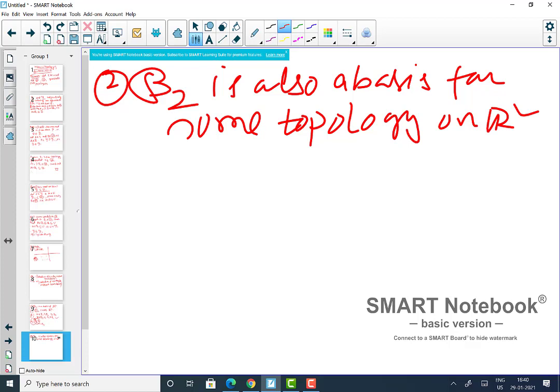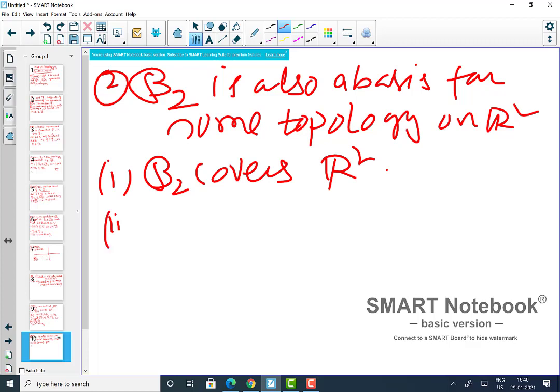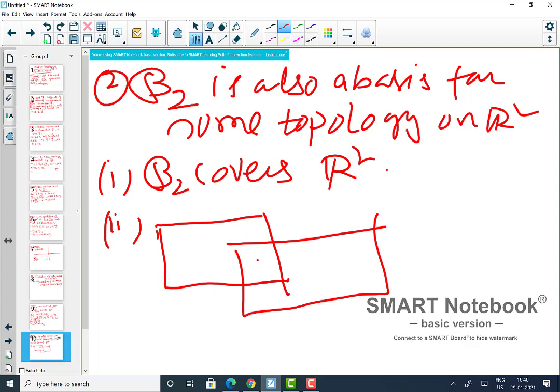Why? Same thing. First of all, obviously B2 also covers R2, and obviously the second condition is also true. Pictorially, whenever you have a point in the intersection of two basis elements B1 and B2, you can always find a small rectangle containing the point that is also a subset of the intersection.